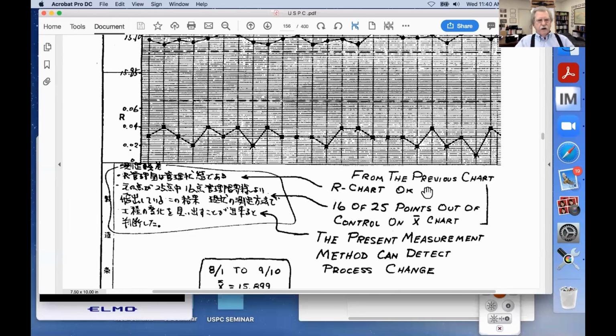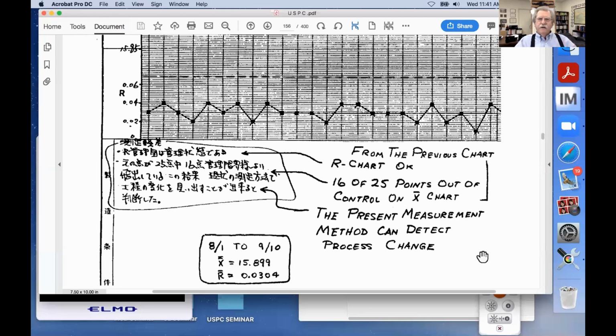On that chart, the range chart's okay, but they had 16 out of 25 points out of control on the X-bar chart. Therefore, the present measurement method can detect process change. As long as you have enough data to detect when the process changes, you have enough data.